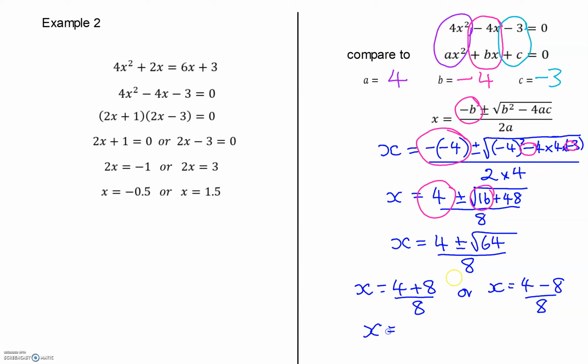If x is 4 plus 8 is 12, divide it by 8, that's 1.5. Or x is 4, take away 8, which is -4, divided by 8, so x equals -0.5. And again, we've got the same solutions as we did when we were factorising.